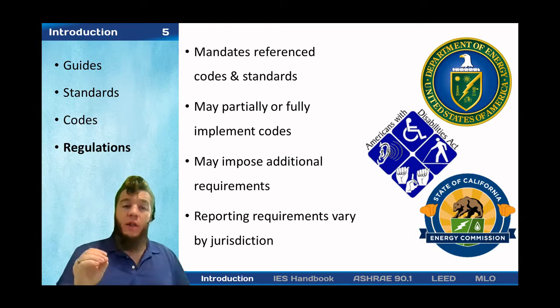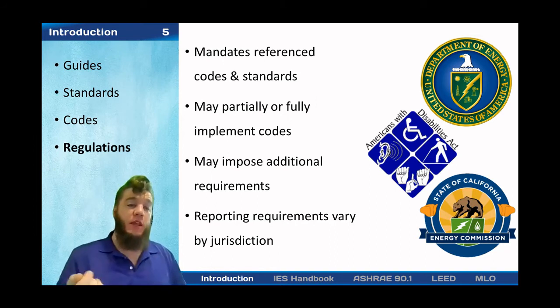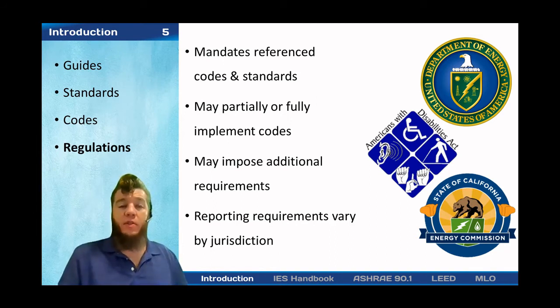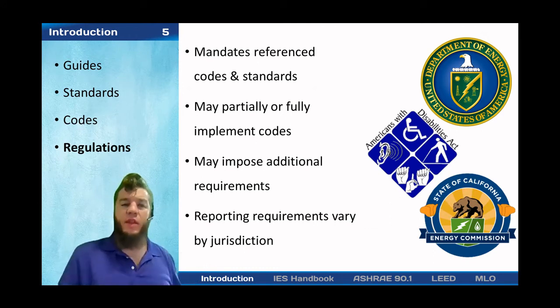But don't worry, I'll highlight some tools that we have to clarify those differences and understand what we need to do to comply with these regulations in any particular area in the US. For non-US projects, there are other tools, but for this class, I'm focused just on US regulatory requirements.